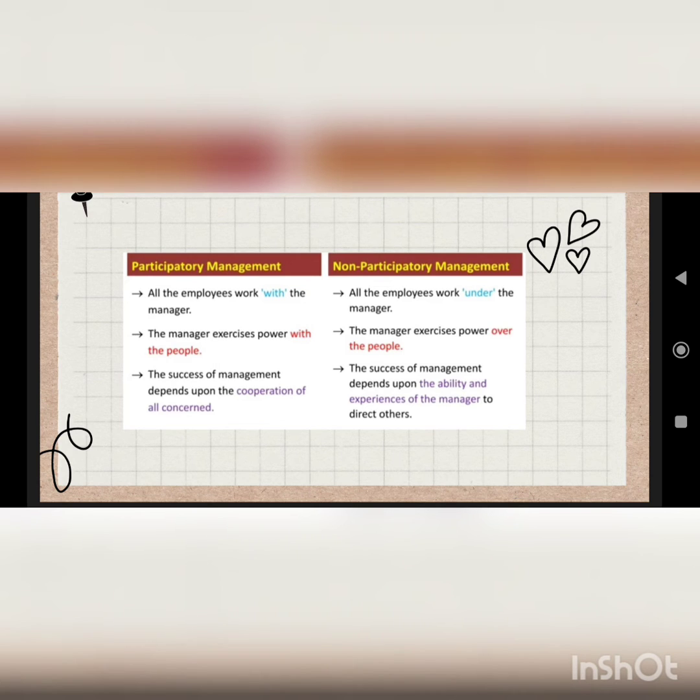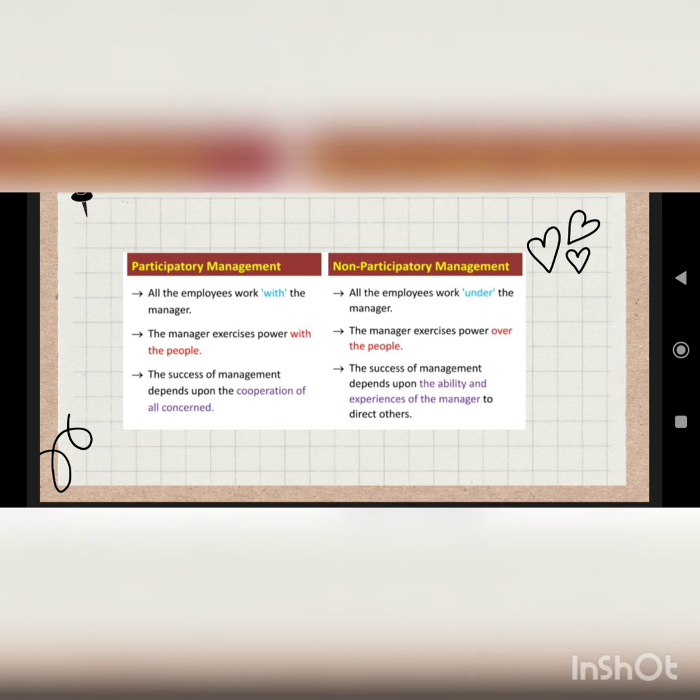So the manager himself will dictate, and the members will follow what their leader says. Second, the manager exercises power with the people.